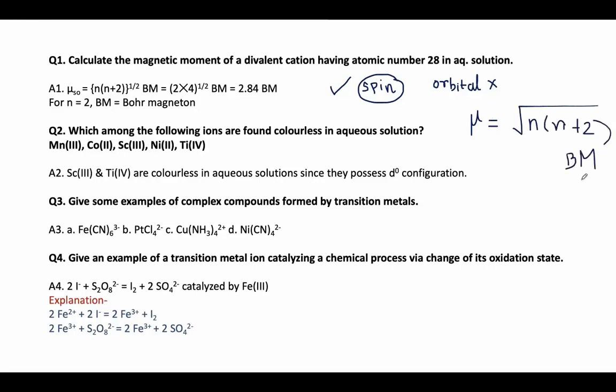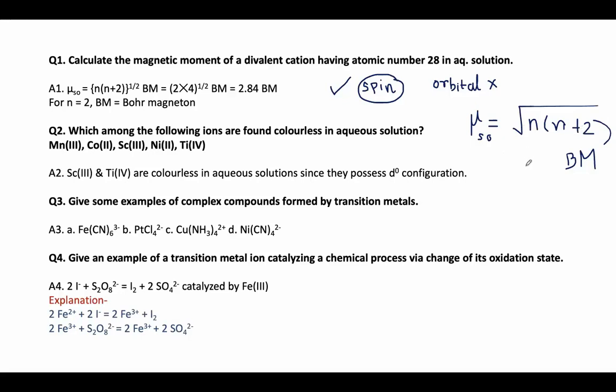Bohr magneton is the unit of magnetic moment, and n is the number of unpaired electrons in the system. Mu is the magnetic moment, SO stands for the spin only value, n is the number of unpaired electrons, and BM is Bohr magneton. A single unpaired electron, when n is equal to 1, will have a magnetic moment calculated as root over 1 into 1 plus 2.